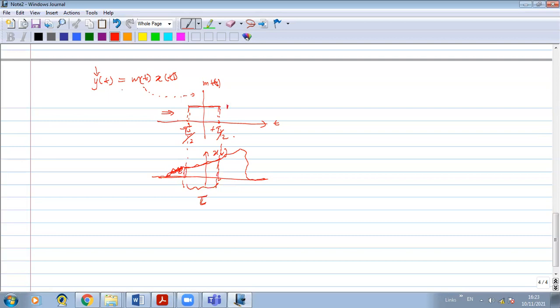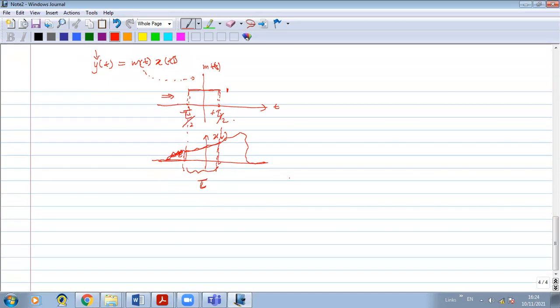So when you multiply m(t) into x(t), we have x(t) itself, but x(t) exists only within minus tau to plus tau. So this point we can figure out, no?